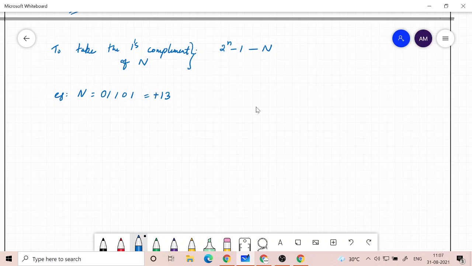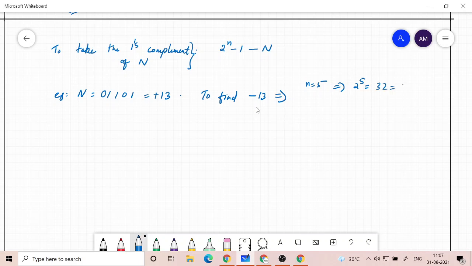Now what is minus 13? That is our intention. To find minus 13, what will be the representation? We just need to apply this formula, 2 raised to n. Here n is 5, so 2 raised to 5 is basically 32, right?